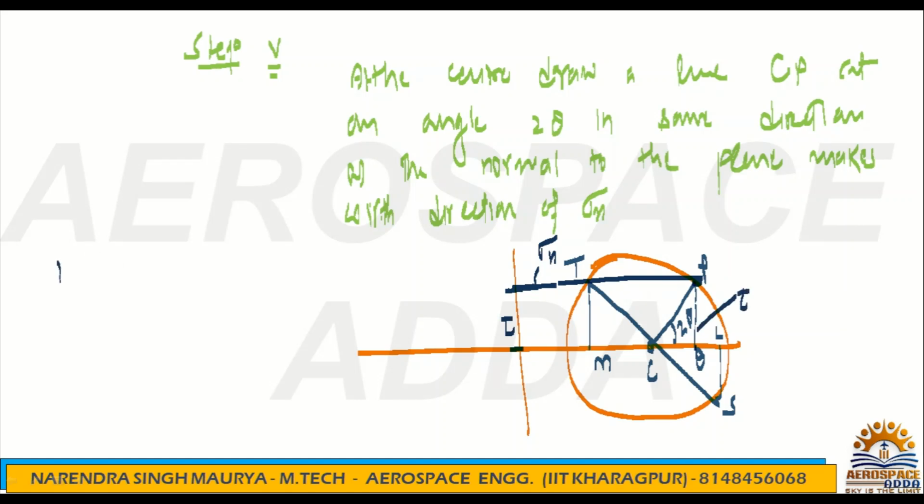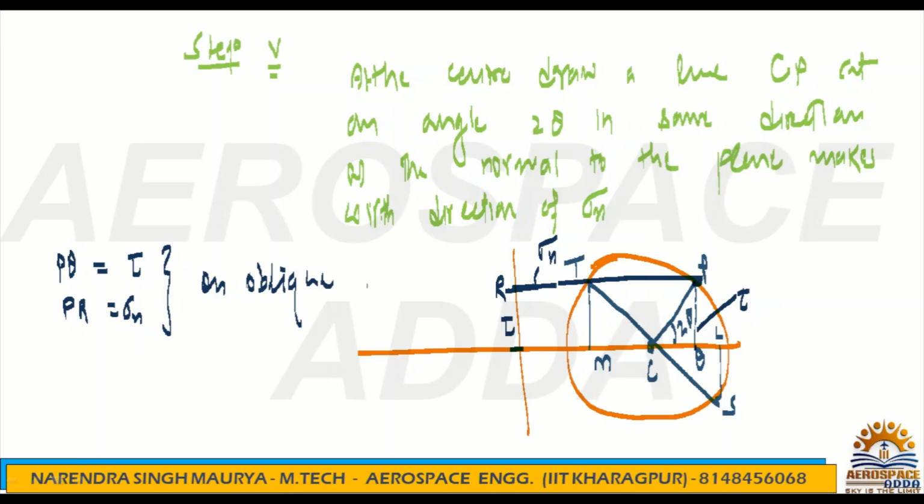So you got PQ equal to tau, and this point you can name R. So PR is nothing but these two values on the oblique plane, and you are interested to calculate this sigma n and tau.